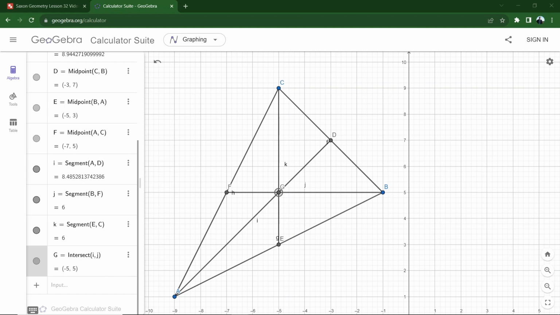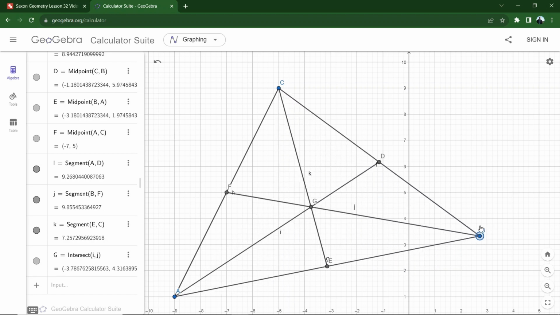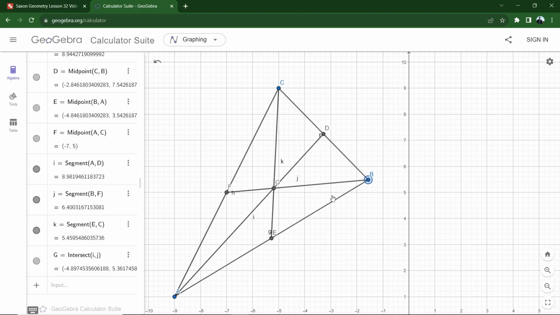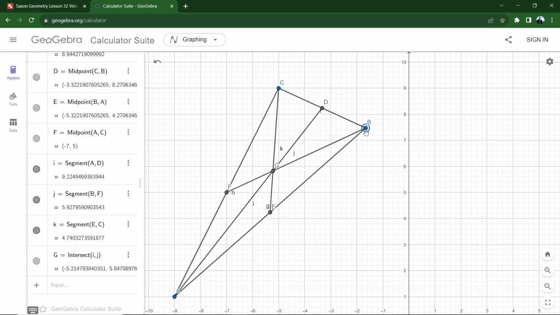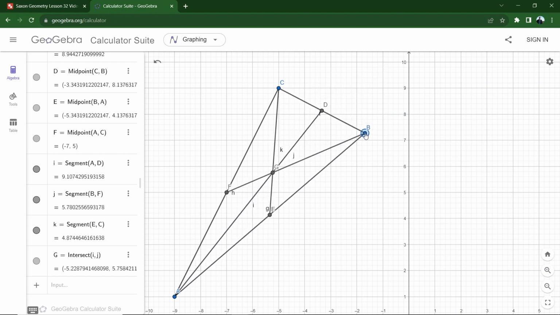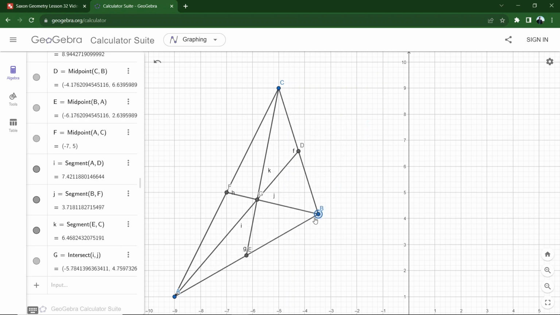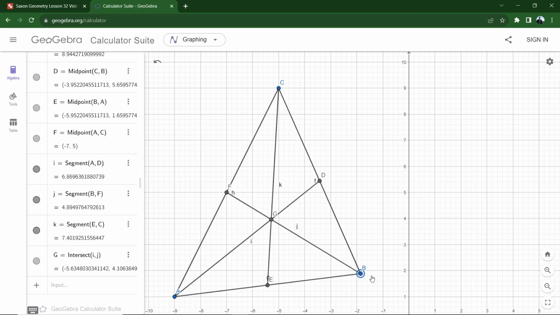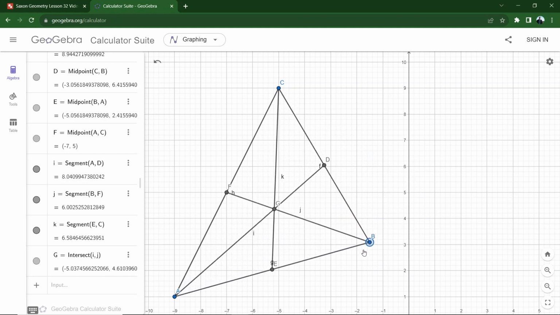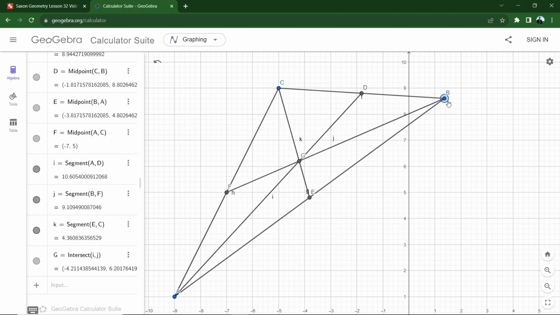Now, let's just have some fun. What happens if I drag the vertices of this triangle around? Notice that as I change the way that this triangle looks, here's an obtuse triangle, here's probably roughly a right triangle, and then I can make an acute triangle. No matter what I do to this triangle, the centroid is somewhere inside the triangle.